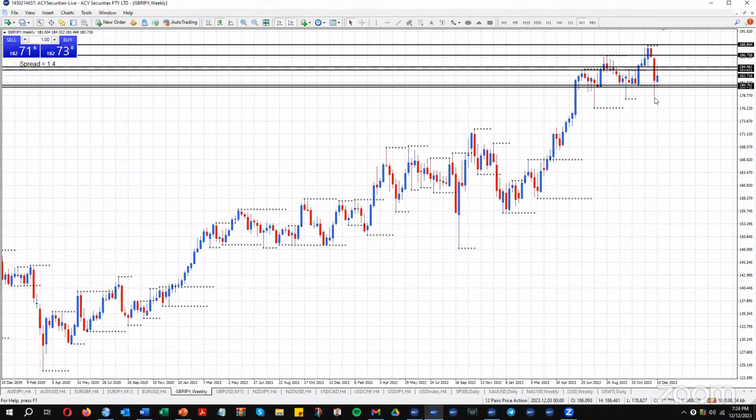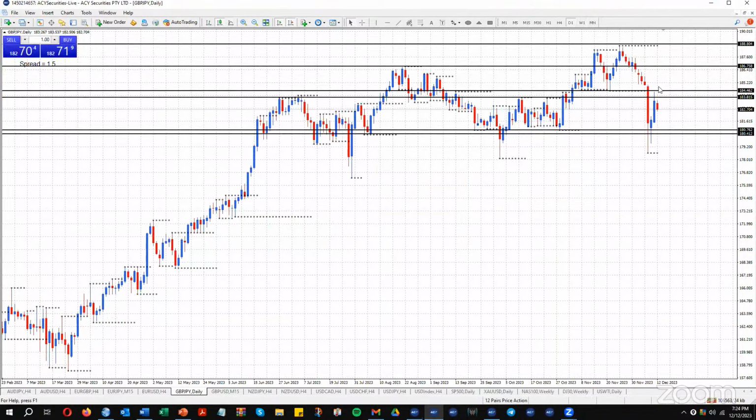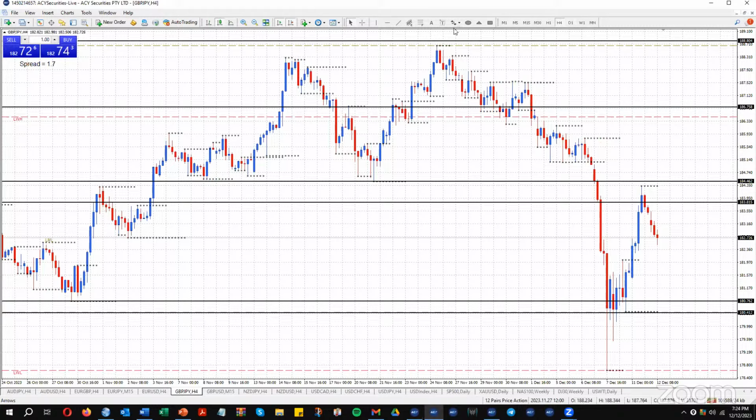The weekly trend has turned down and we've popped back up this week to false break this weekly high at 183.81 and retest or almost retest this area of broken support, 184.46. Now, again, I want to monitor the range of last week because we had a week down and we're going to have another week down after moving back up inside the range.